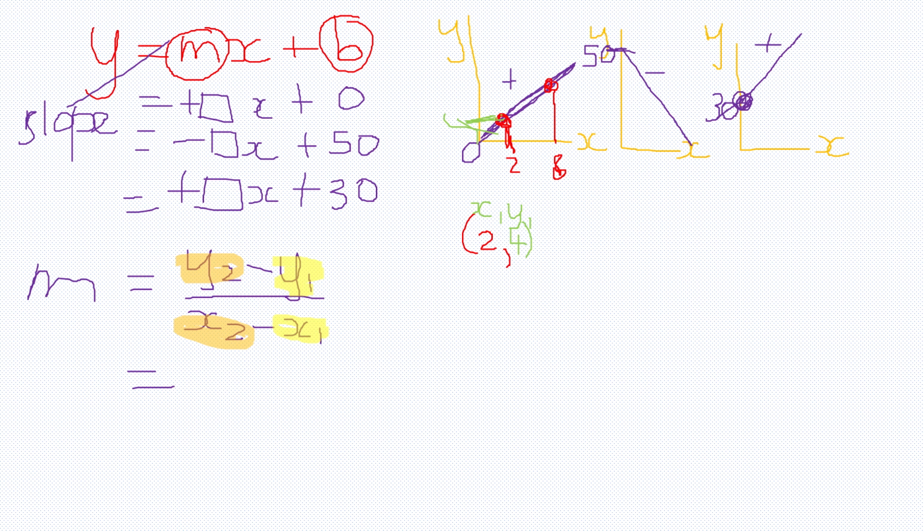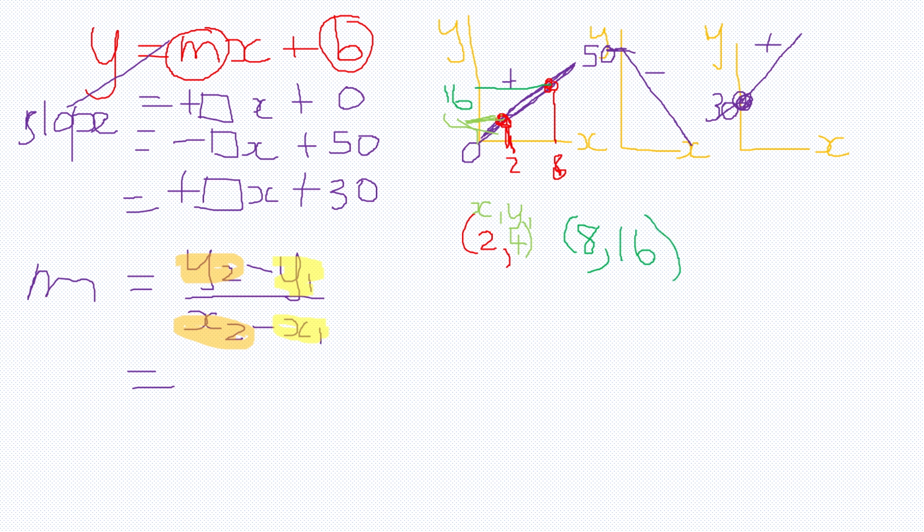So let's go to the second point which we have already identified. We found x to be 8, and if you go towards the y-axis, you should find a value. We can call it 16. So that is 16.